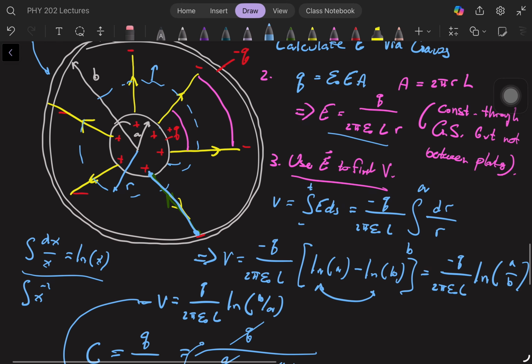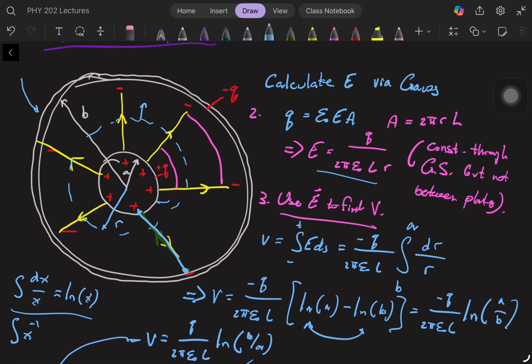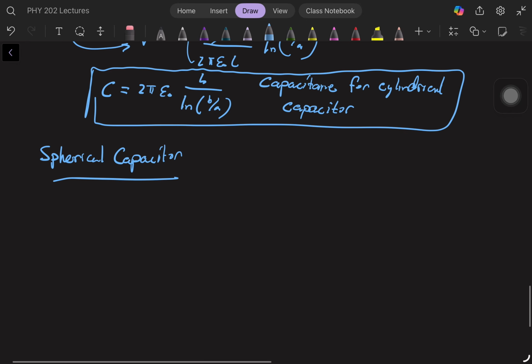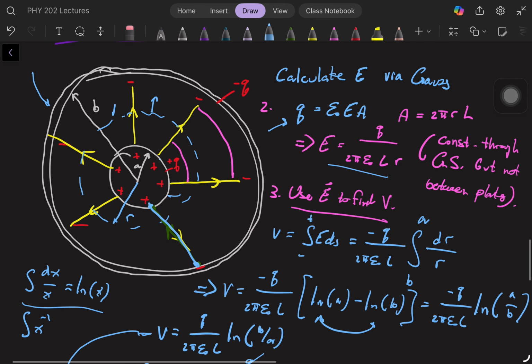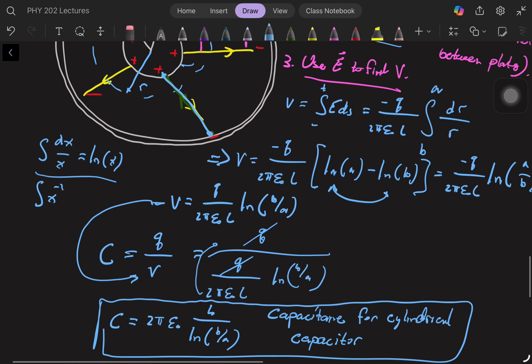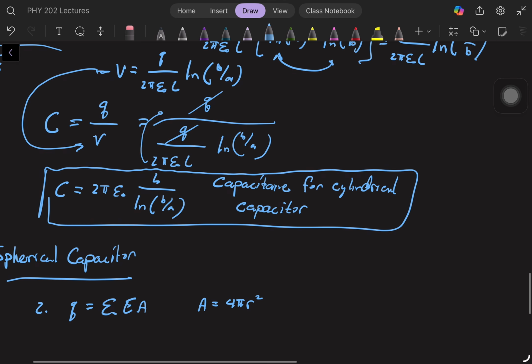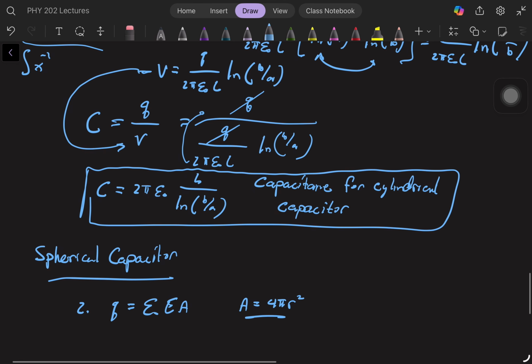Okay, and so we can start the exact same way. Step 2 was to say Q is equal to epsilon naught EA. Now A is 4 pi r squared, because our Gaussian surface here is now a spherical shell as opposed to a cylindrical shell. So where a cylinder had an area of 2 pi RL, a sphere has an area of 4 pi r squared.